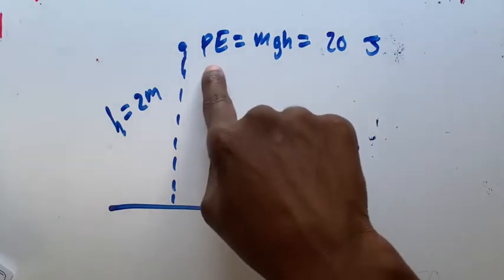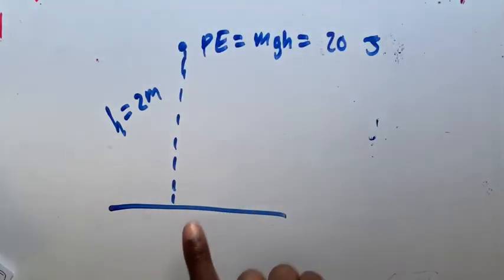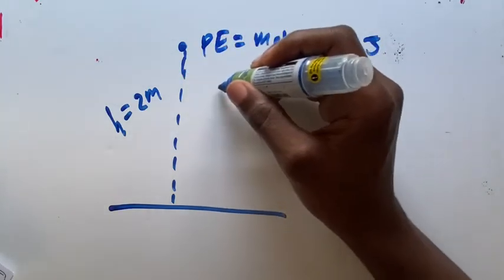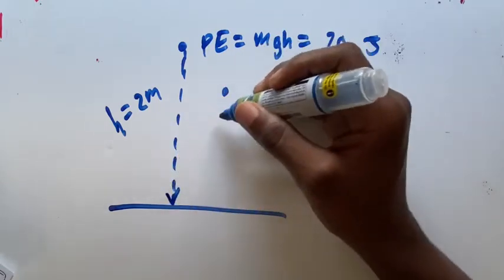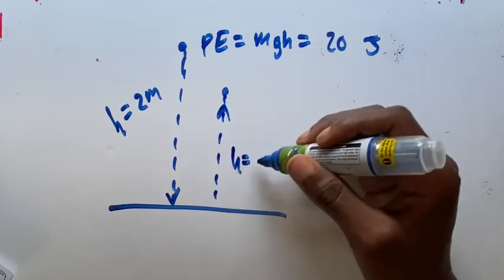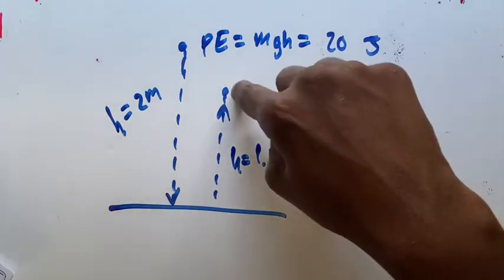So this is how much energy the ball has when we drop it from that height. So we drop it, it bounces and goes back up only to a height of 1.5 meters. So I'm going to draw it right here. It goes back down, bounces back up to this height, but that height is only 1.5. So how much energy does it have at that point?